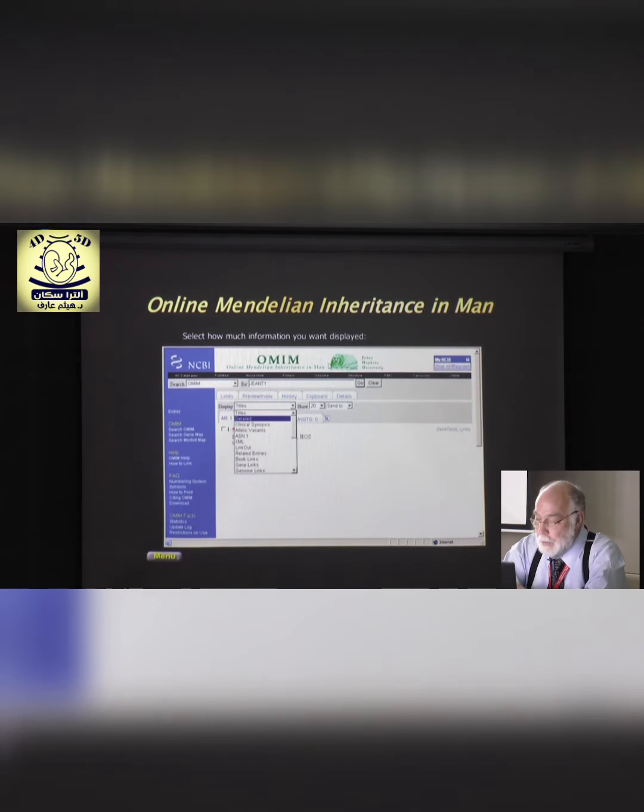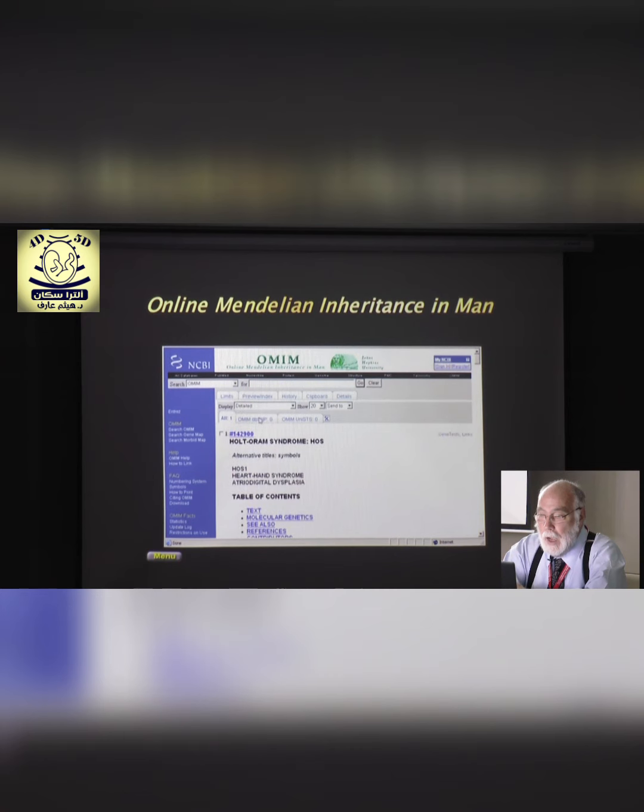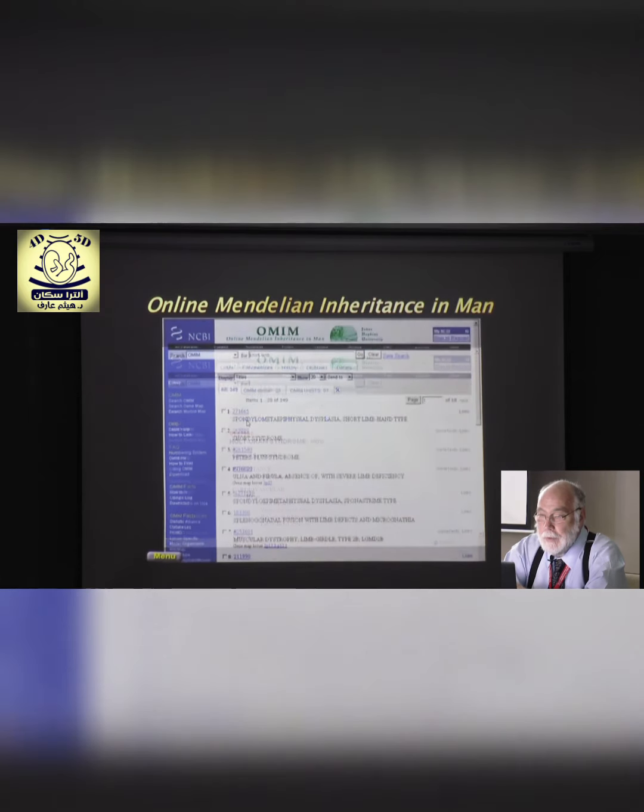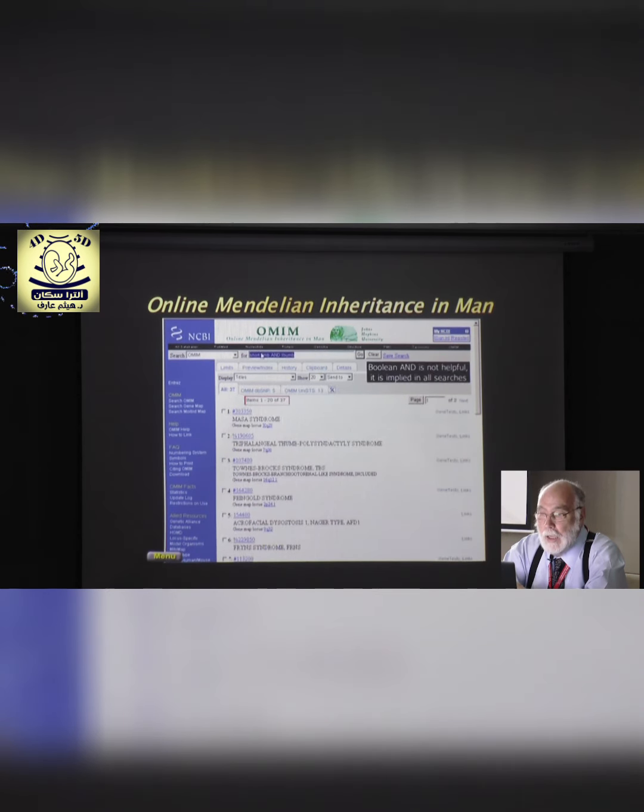One of the issues with OMIM is that you have a lot of keywords. So if you type short limbs, for instance, you're going to have a lot of diagnoses. And if you add any keyword, it's automatically considered to be AND. So short limb and thumb was the same thing.